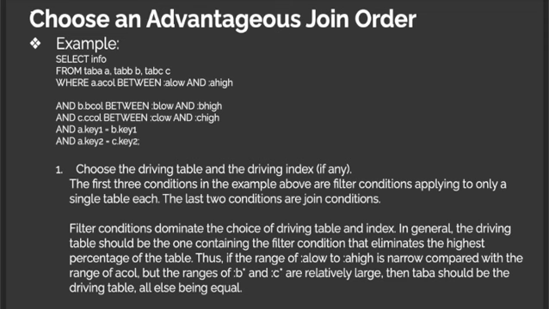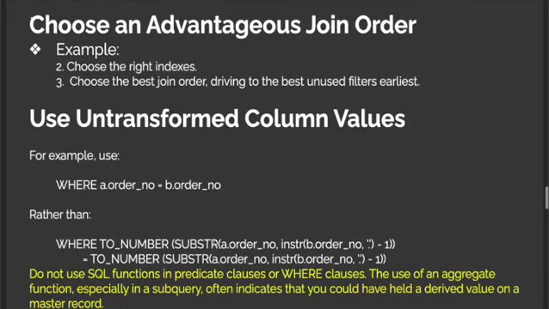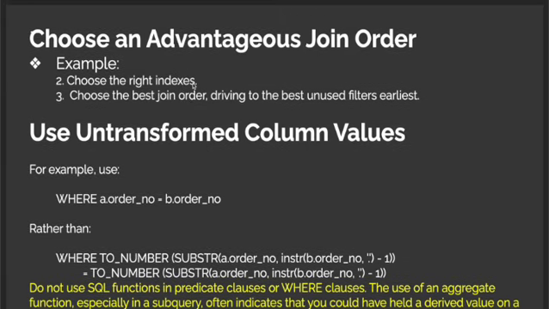Choose the right indexes. After you know your driving table, choose the most selective index available to drive into that table. Alternatively, choose a full table scan if that would be more efficient.